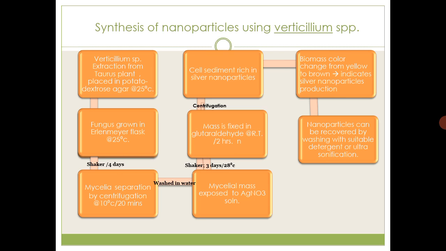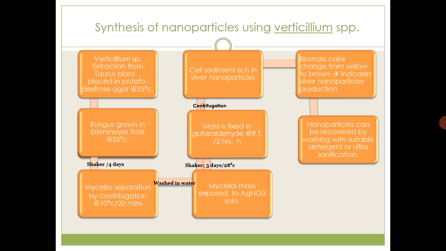So we must expose the substrate in this process, which is the AgNO3 solution. We are exposing the AgNO3 solution of 5.5 to 6 pH in the same Erlenmeyer flask. Again we have to keep this exposure for 3 days under shaker conditions at 28 degrees Celsius.